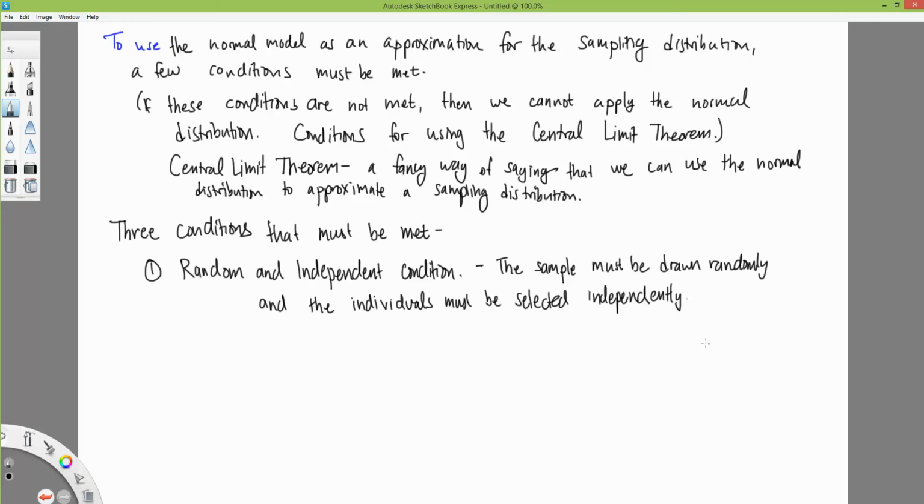So somewhere in the problem, it should state that the sample was selected randomly.